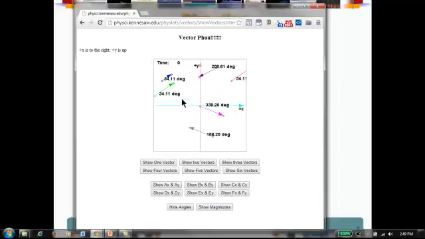So we go from here all the way here. That's the 338. Any vector that falls in the fourth quadrant is going to have a direction given in terms of angles that go from 270 to 360.